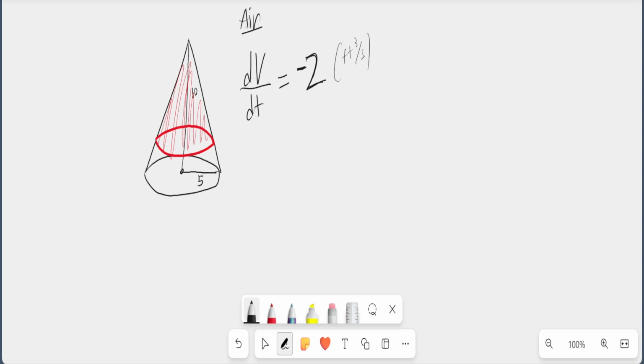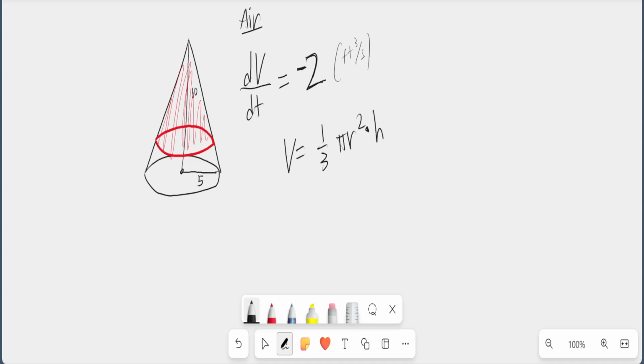And we know that the volume of a cone is 1/3 pi r squared times height. Since the air will be a similar shape, and this is also why we do air, we know that the ratio of the radius to the height will be the same for the shrinking air as it is for the overall tank.